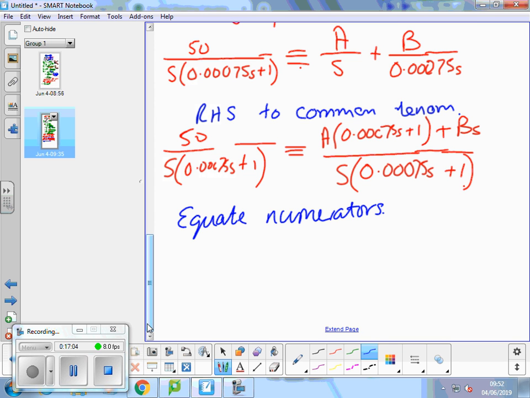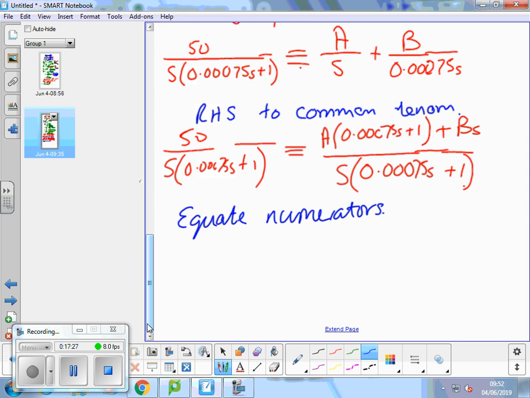What you're saying is, because the denominators are exactly the same, you can say this numerator is equal to that numerator. So you can throw the denominators away for a minute and just concentrate on the numerators.